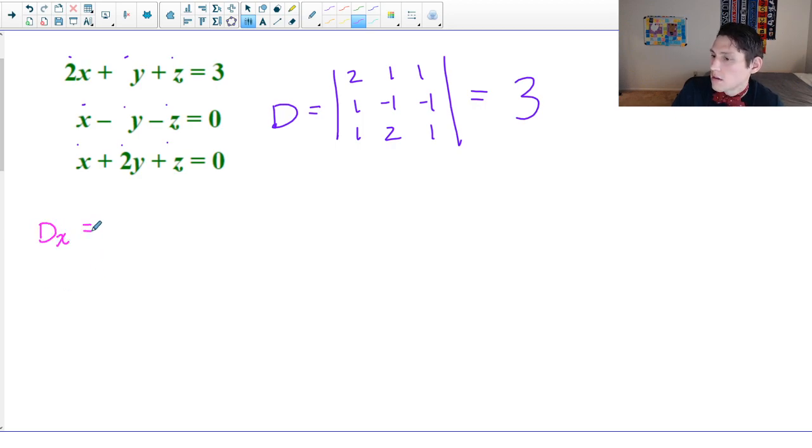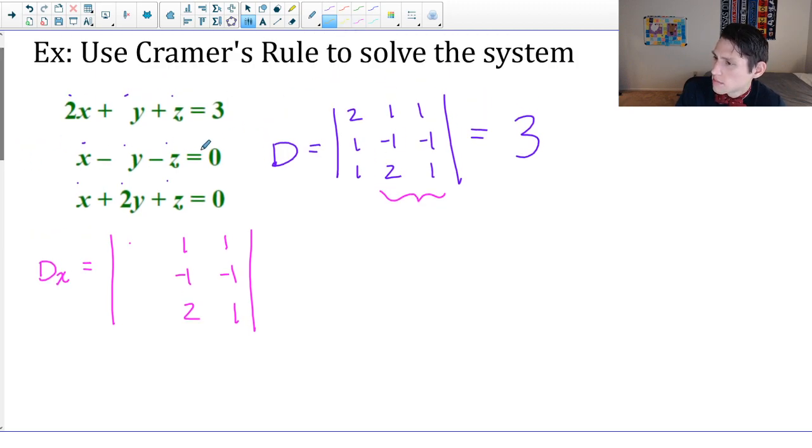Okay, so now let's go through and let's find dx. Notice I kept these two columns the same. 1, negative 1, 2, 1, negative 1, 1. That's exactly the same thing that I have here. But what I'm going to do is replace the x column.